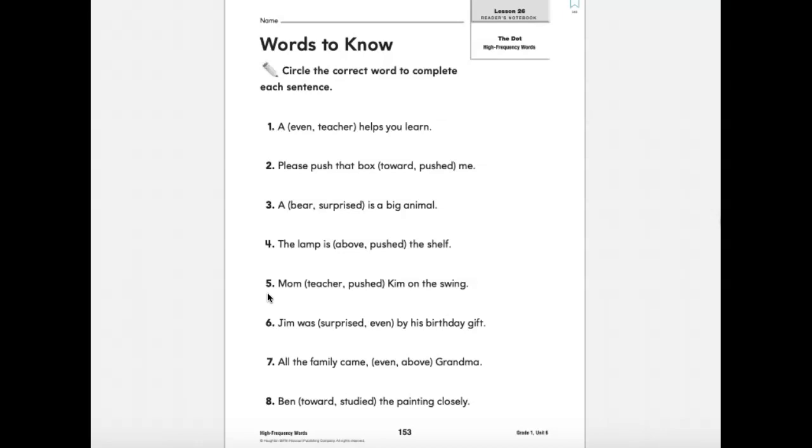Sentence number 5 says, Mom blank Kim on the swing. Mom teacher, pushed. Circle the word that best completes the sentence for number 5.